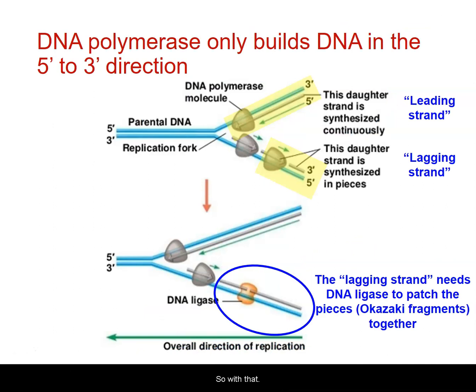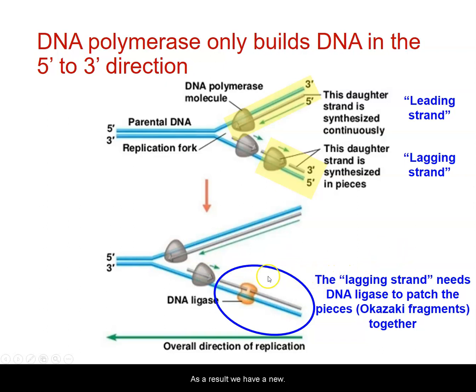So with that, you have to build more DNA. But the problem remains that the lagging strand is missing chunks. The leading strand, again, continuous 5' to 3', always building a molecule. The lagging strand has chunks of DNA because you have many different DNA polymerases working.